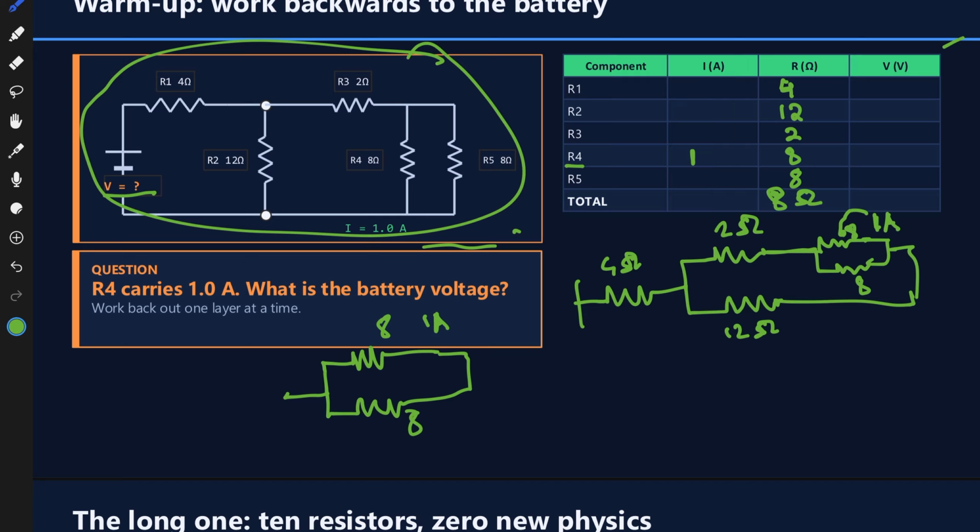But the voltage is the same. So here, if we wanted to find out, so this is 8 ohms, right? And 1 amp here. So the voltage, right? The voltage is going to be the same through both branches, for both branches, right?